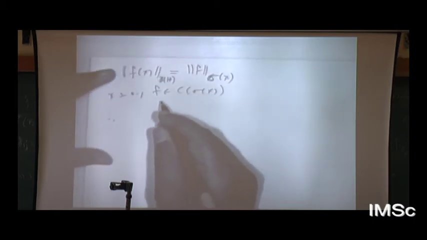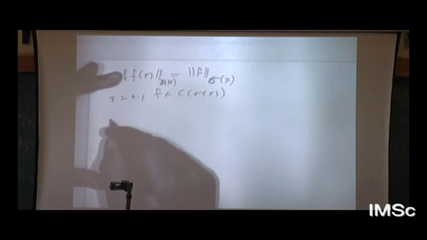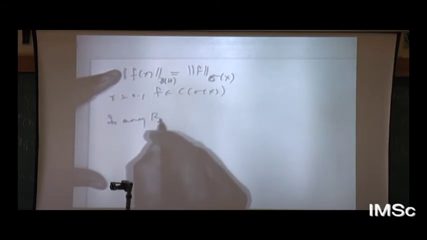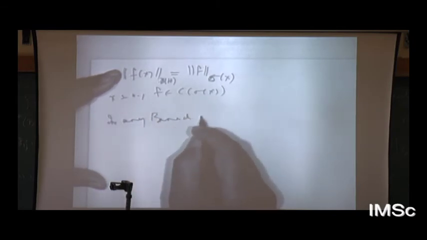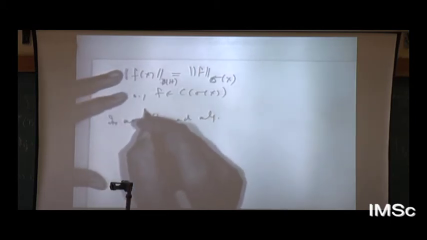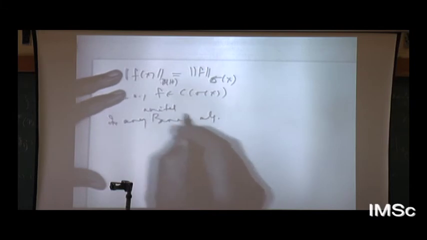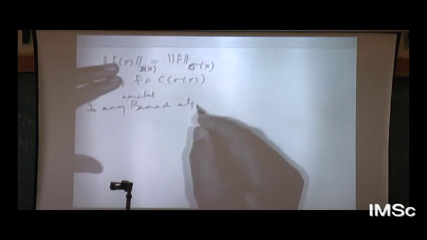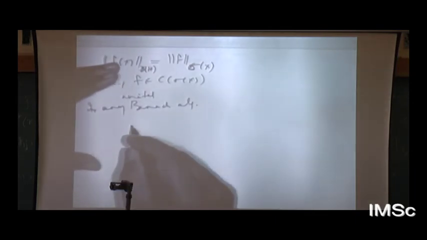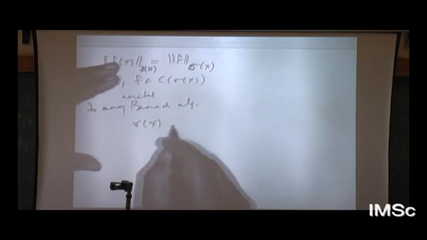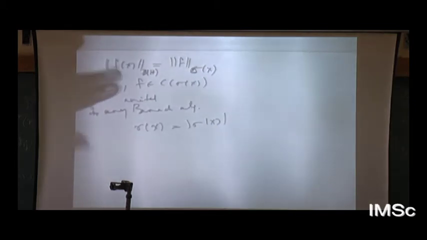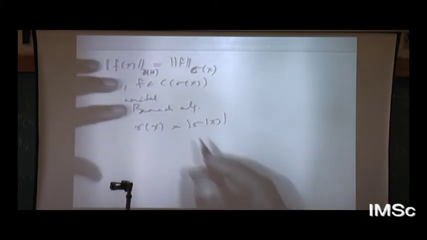The statement actually is that in any unital Banach algebra, that's not necessary, but I just put it in, I define the spectral radius of x, which Stratila denotes by mod sigma x, which by definition is the maximum modulus of things in the spectrum.